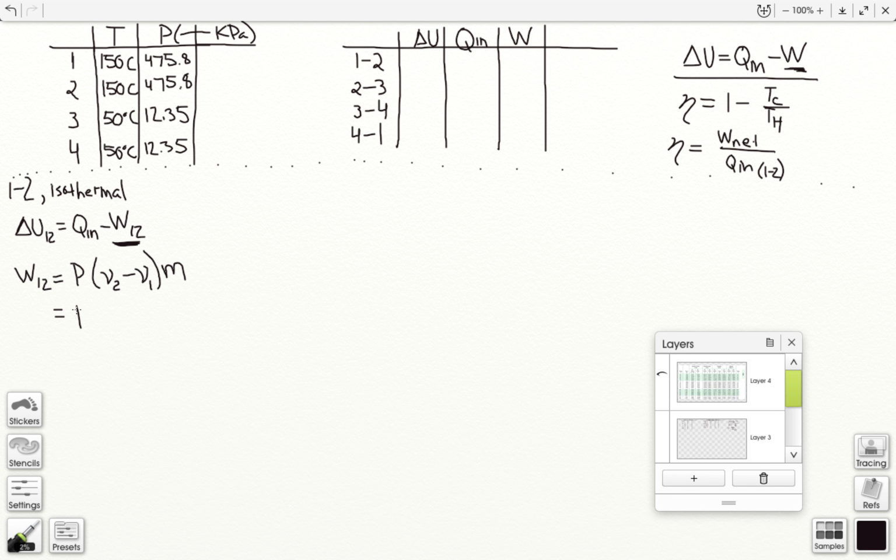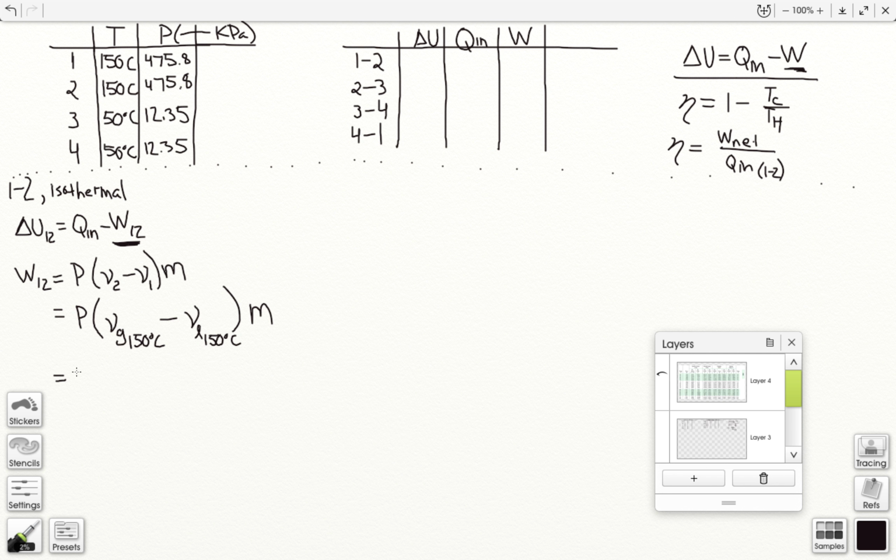So here we have pressure, and at state 2 we're going to use the specific volume of gas. At state 2, remember, it is all gas at 150 degrees Celsius minus the specific volume of a saturated liquid at 150 degrees Celsius multiplied by the mass.